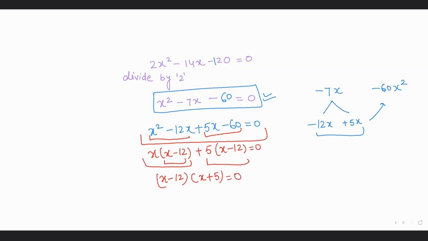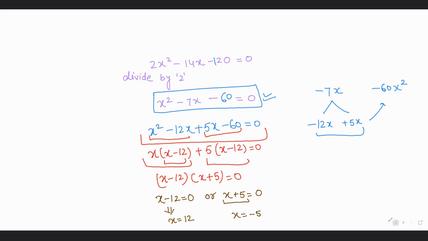Now, student, you can see here the interesting thing that either x minus 12 is 0 or x plus 5 is 0. From the first, we have x is 12, and from the second, we have x equals negative 5.